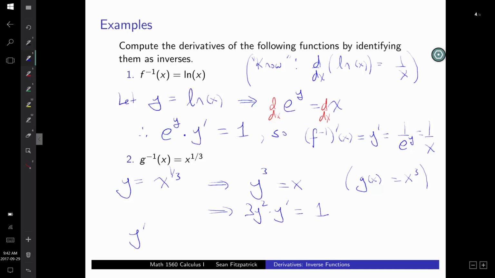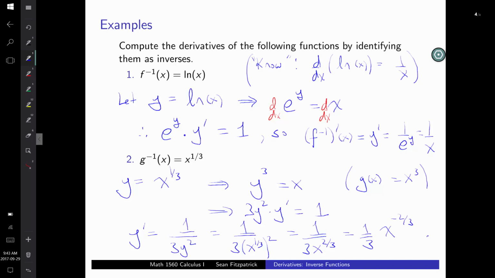So y prime is 1 over 3y squared. But what was y? Y was x to the 1/3. So this is 1 over 3 times x to the 1/3 squared, which is 1 over 3 times x to the 2/3, which is, as we expect from the power rule, 1/3 x to the minus 2/3. So it works. All right.